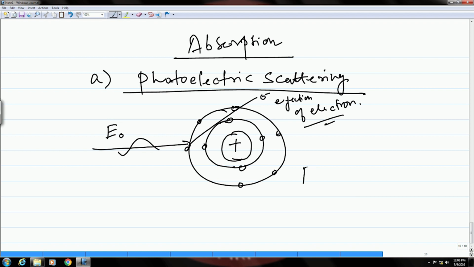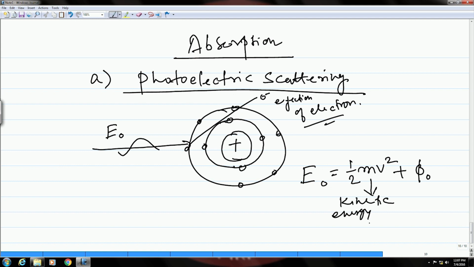So, if you see the energy balance in this case, this is the kinetic energy which is given to the electron when it is ejected from the outer shell of the atom. So, the electron will not only be ejected, it will also be given a kinetic energy because of the high energy X-ray photons.